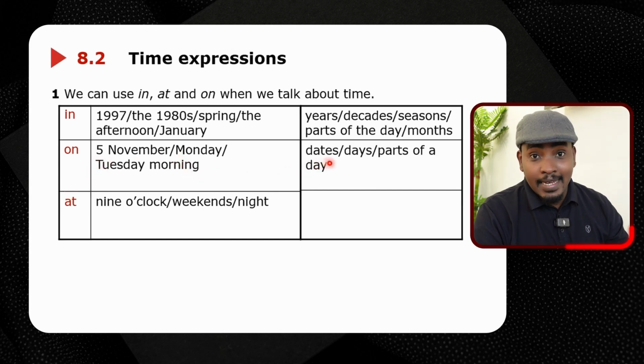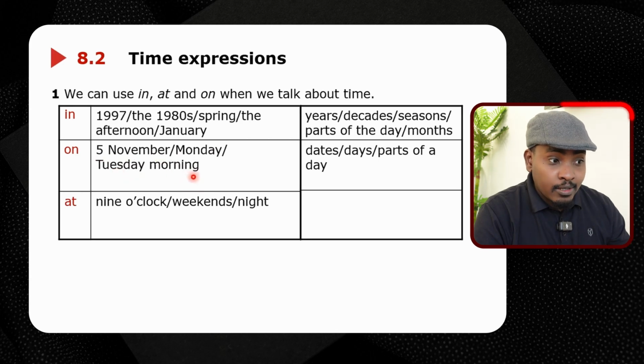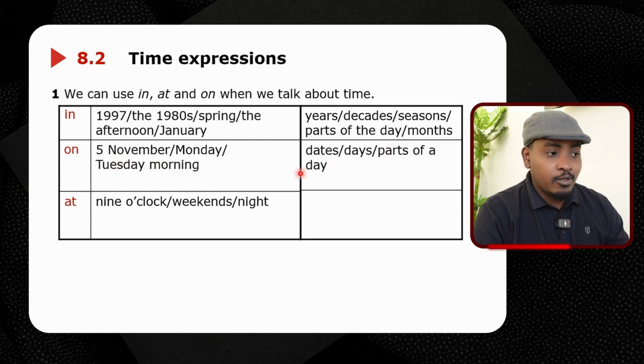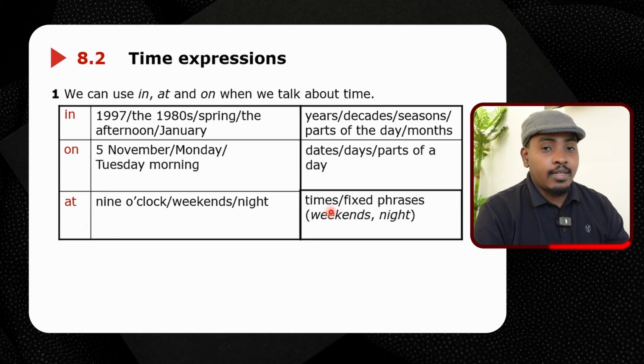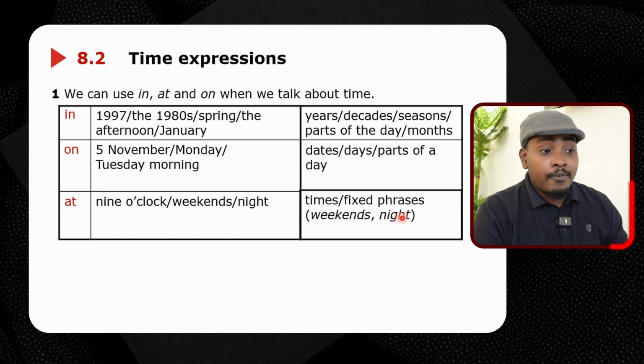So we said on dates, days, parts of a day, right? Like this one. On 5 November. On Monday, days. So for example, on Monday, on Tuesday morning, parts of a day, right? We put on. At, as we said, times at 5 a.m., at 6 p.m. Okay. Also fixed phrases like what? At weekends, at night.